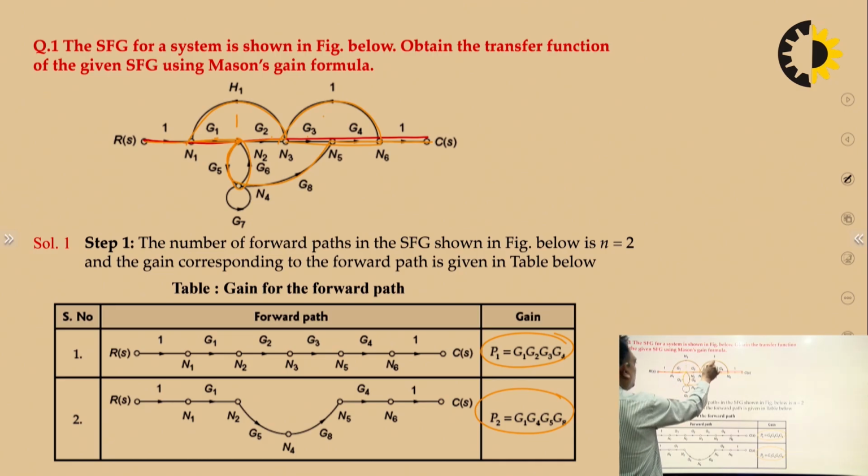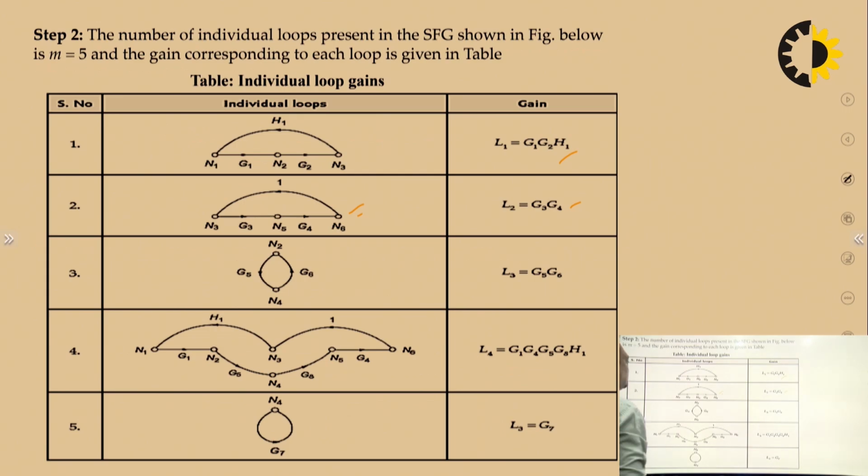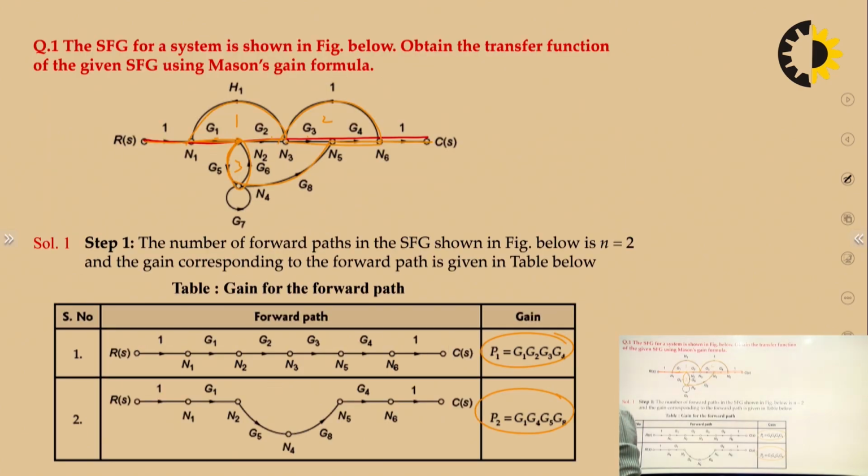So this is 1, 2, 3, and the fourth one is a bit complicated to identify, but it is still there.